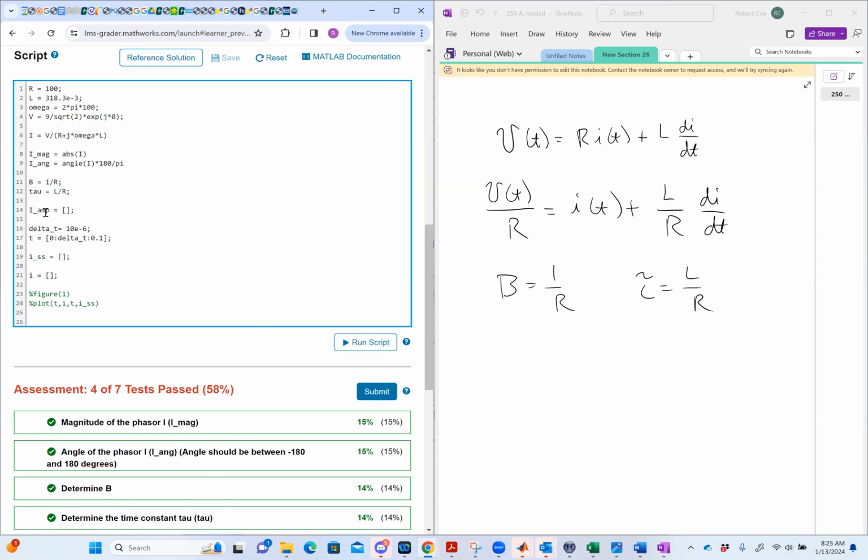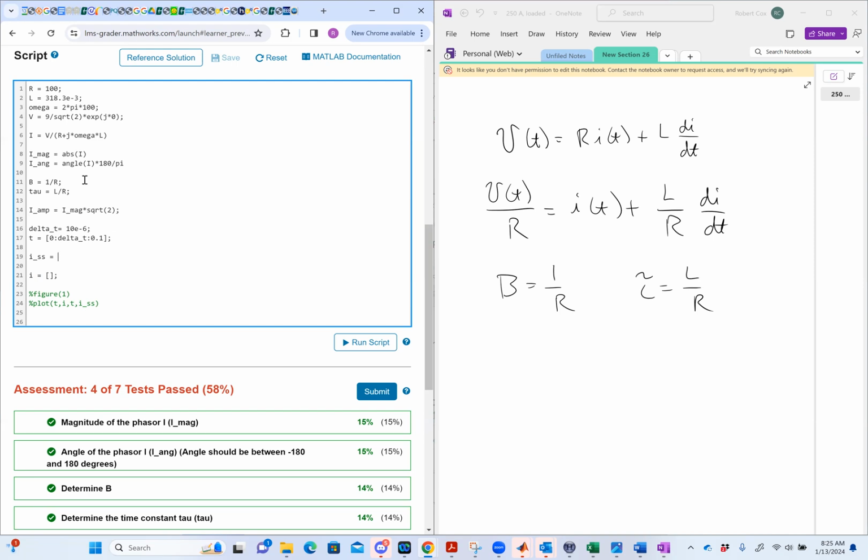First thing I have to do is say, what is the amplitude? Now we should know, all of my stuff is in RMS. All my phasors are in RMS. So the amplitude would be the magnitude of my phasor times square root of 2. Okay, that's done.